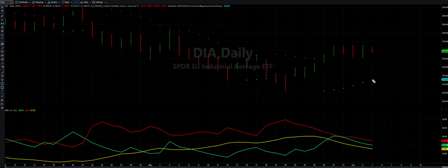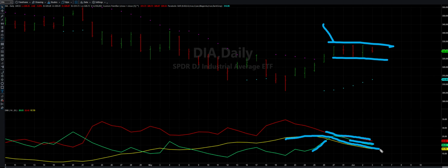So the ADX is telling us that the momentum is to the downside. We trended sideways on price, consolidating, while the red line is moving down. So the bears are not totally in control. The green line is also moving down. It tells you the bulls are not in control. But the yellow line is also moving down and it's below 20.